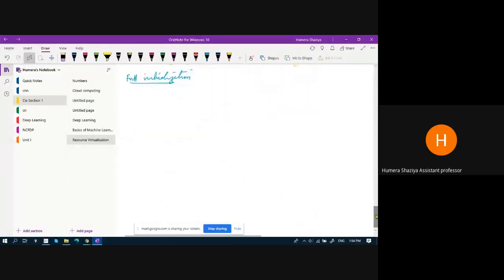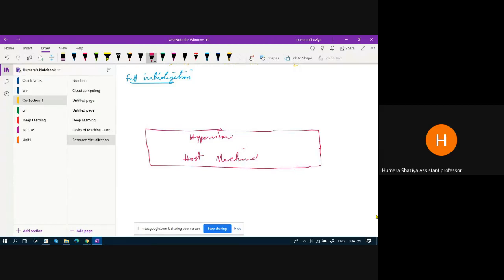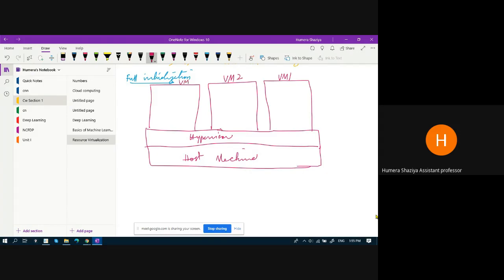You have a host machine, on top of it you have the hypervisor, and on top of that you have virtual machines: virtual machine 1, virtual machine 2, virtual machine 3.